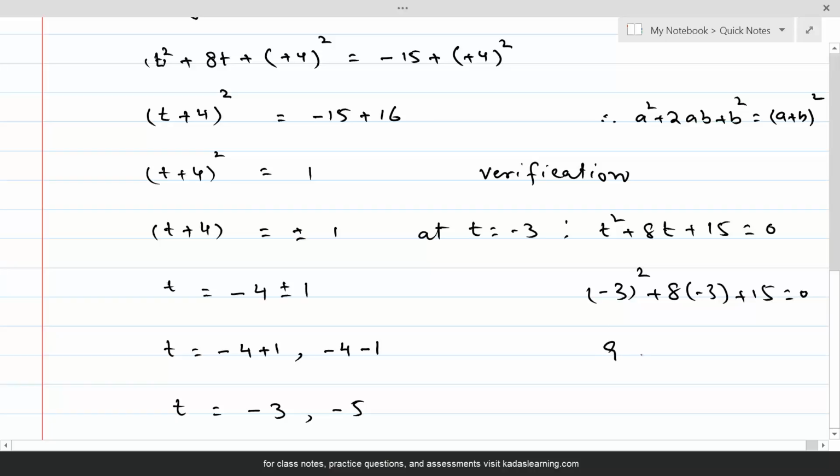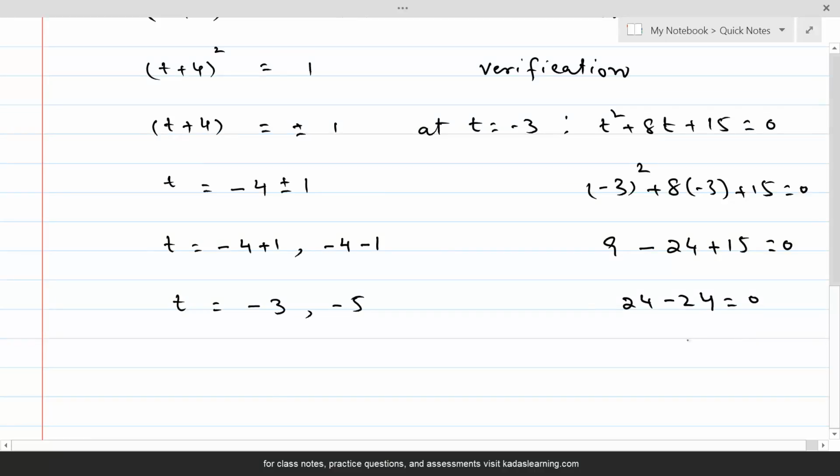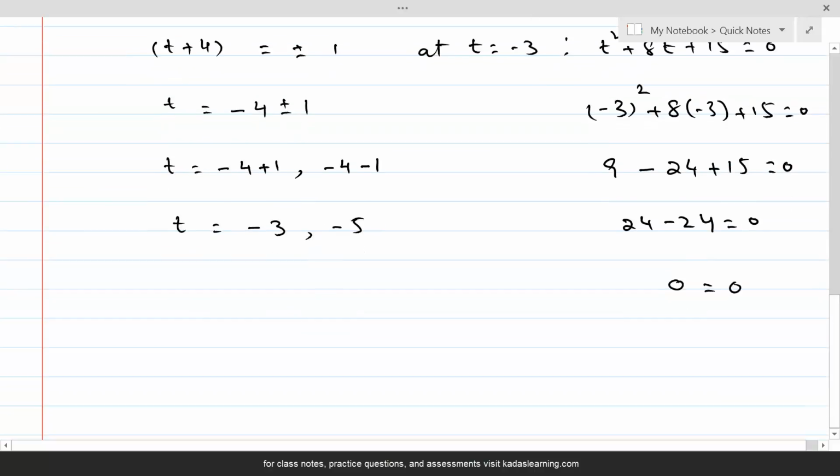This means 9 minus 24 plus 15 equal to 0. And here we have 24 minus 24 equal to 0, meaning 0 equal to 0. Therefore, the solution has been verified, and similarly you can do it for the other value of t.